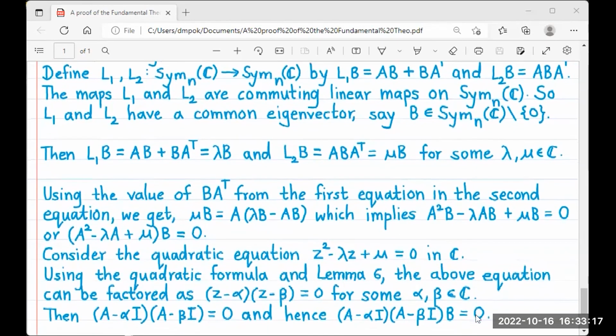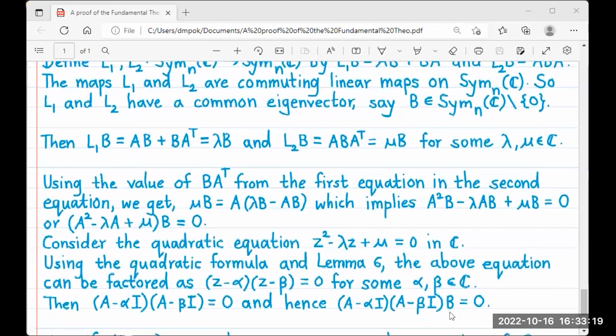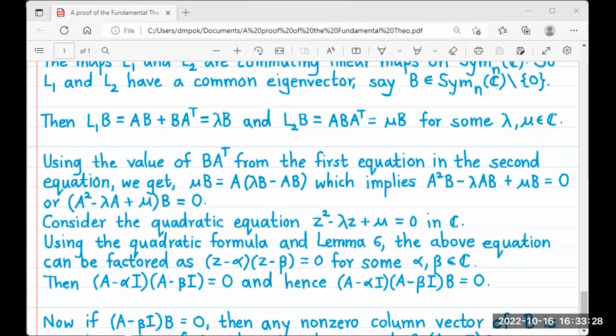Now there are two cases. (A − βI)B can be 0, or (A − βI)B can be non-zero. Suppose (A − βI)B is 0. Then we will get AB = βB, which we were looking for. Now if you take any non-zero column vector of B, then it will be an eigenvector of A with eigenvalue β. And what will happen if (A − βI)B is non-zero?